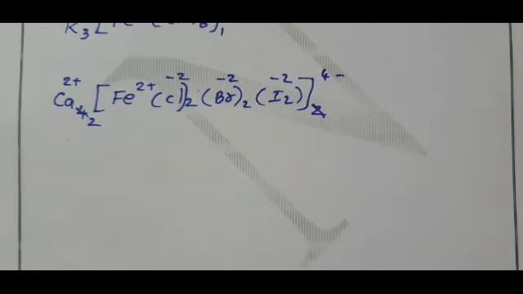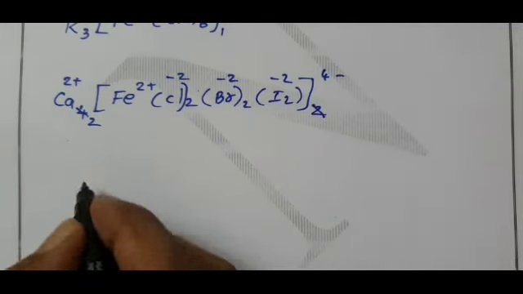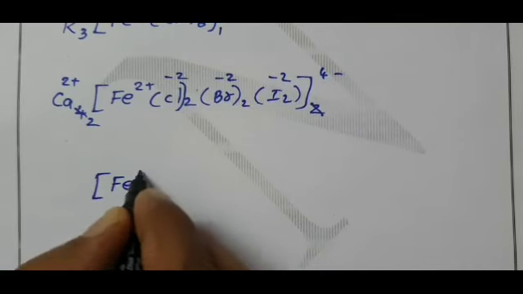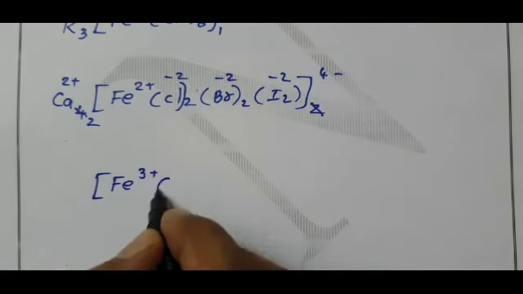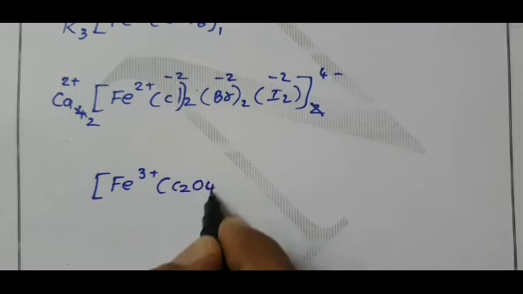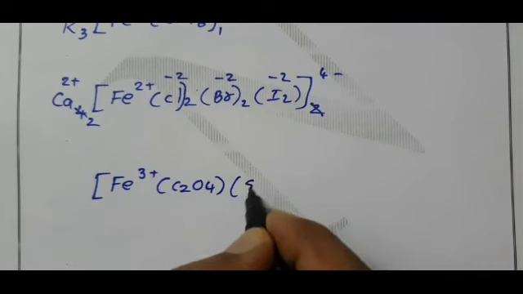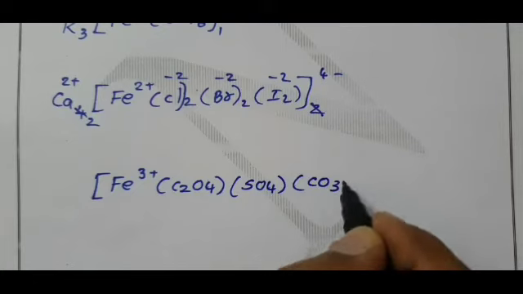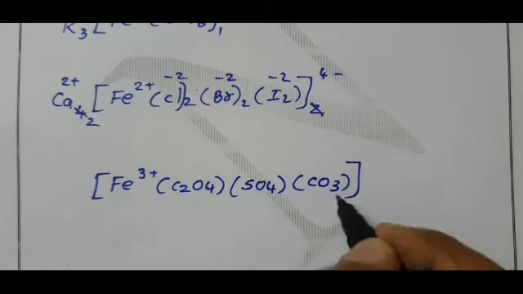One more complex with Fe3 plus ion, a mixed ligand, Fe3 plus ion, coordination number 6. Oxalato C2O4 is a bidentate ligand. Sulfato SO4 2 minus, bidentate ligand. Carbonato bidentate ligand.